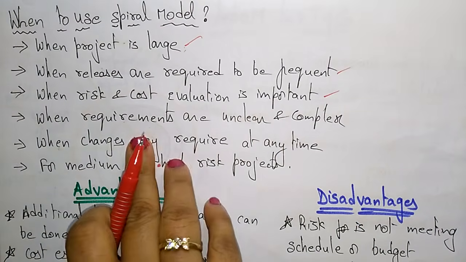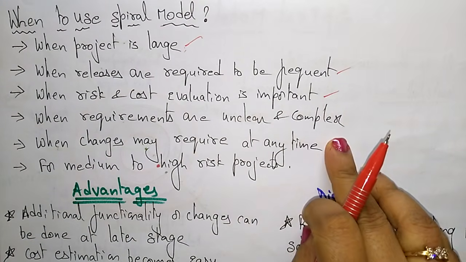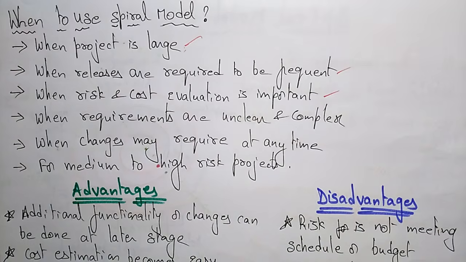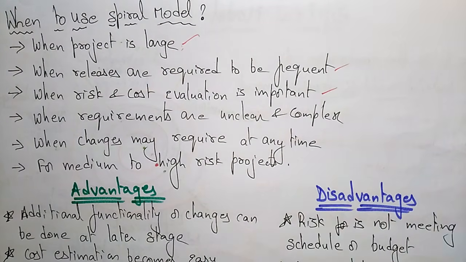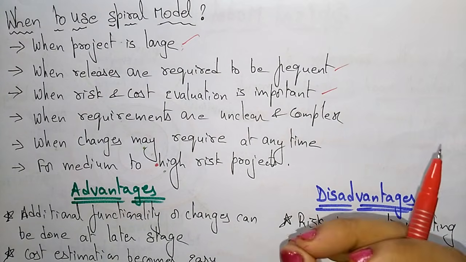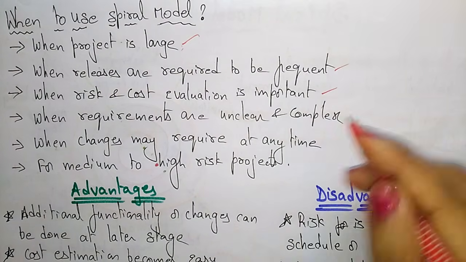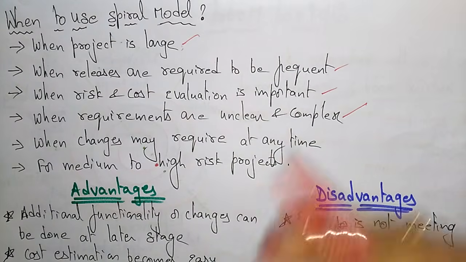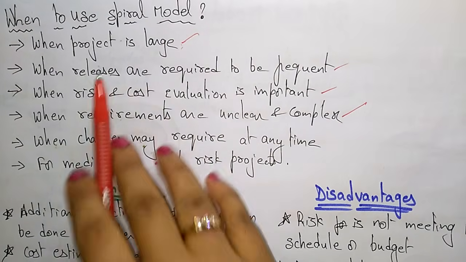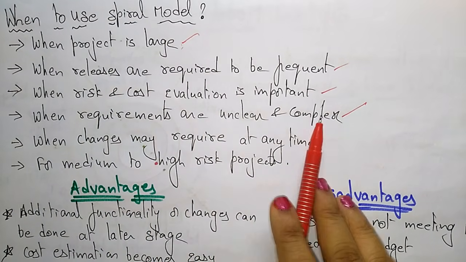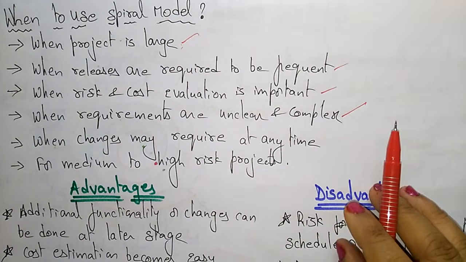When requirements are unclear and complex, meaning the requirements the customer has given are not clear and seem to be complex, then it's better to go for the spiral model. In the spiral model, we are developing a series of incremental releases, so whenever you want, you can add features to it.